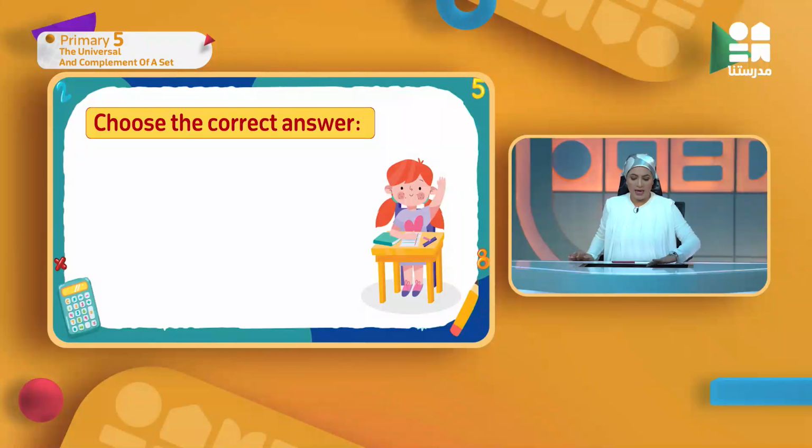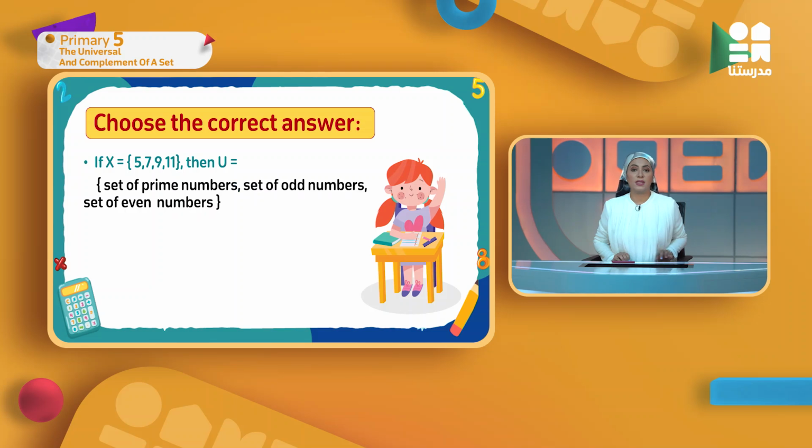Now we have this question, or our last question for now. If x equals the set of elements 5, 7, 9, and 11, then u here is equal what? Equals the set of prime numbers, or the set of odd numbers, or the set of even numbers.